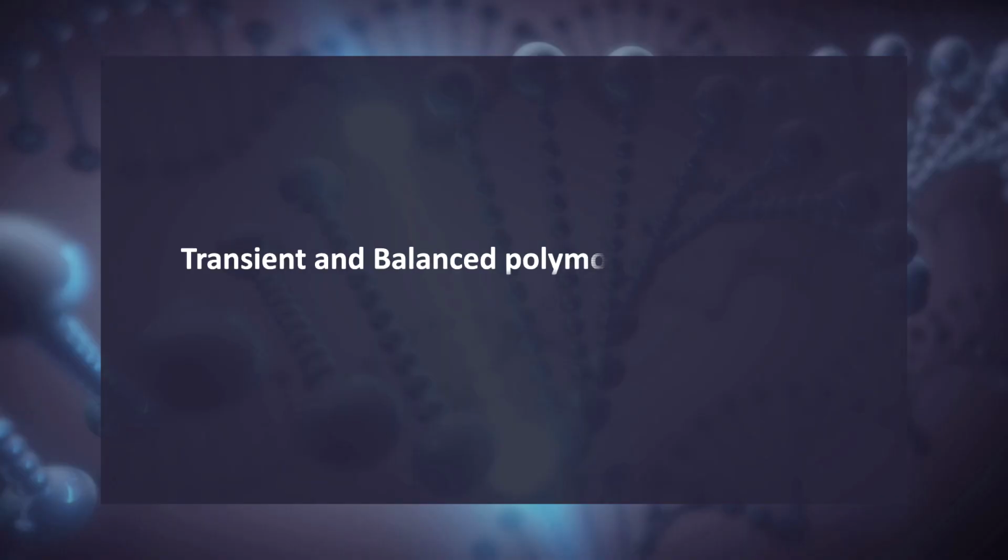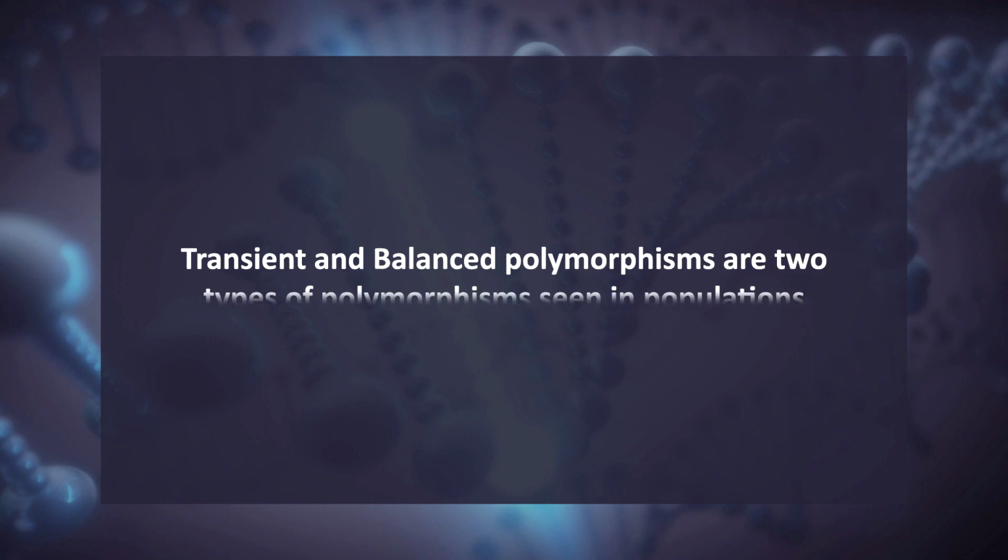So this is the key difference between transient and balanced polymorphism. In other words, one allele is involved in transient polymorphism, while both alleles of a gene are involved in balanced polymorphism. In a nutshell, transient and balanced polymorphism are two types of polymorphisms seen in populations.